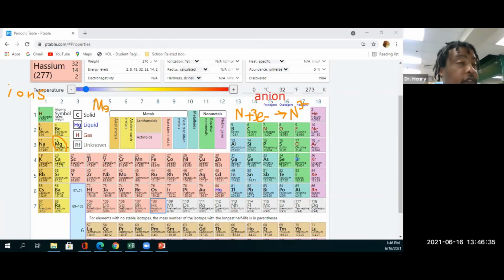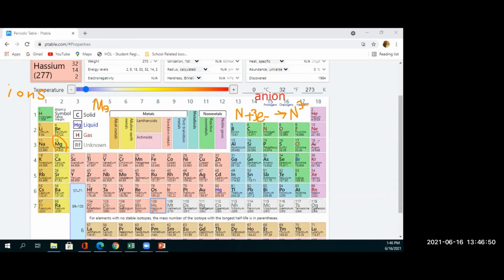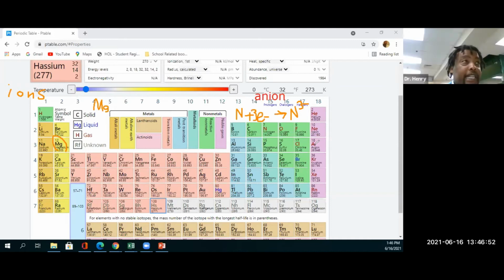So if magnesium is like us, would you prefer walking 2 blocks to a store, or would you prefer walking 6 blocks to a store? 2, right? Because we're naturally lazy. So the elements themselves are also going to be naturally lazy. They're going to try to find the quickest way to get to a noble gas. In this case, it's by losing 2 electrons.